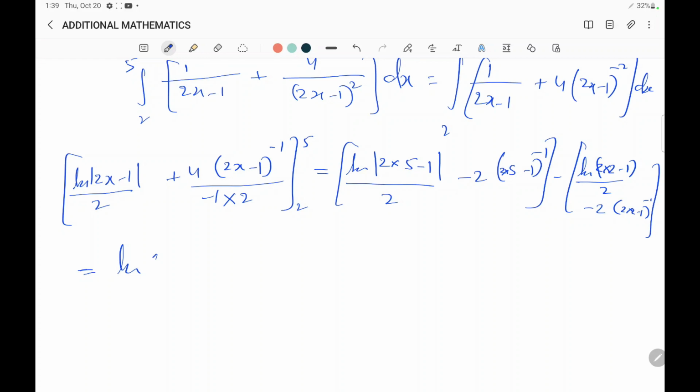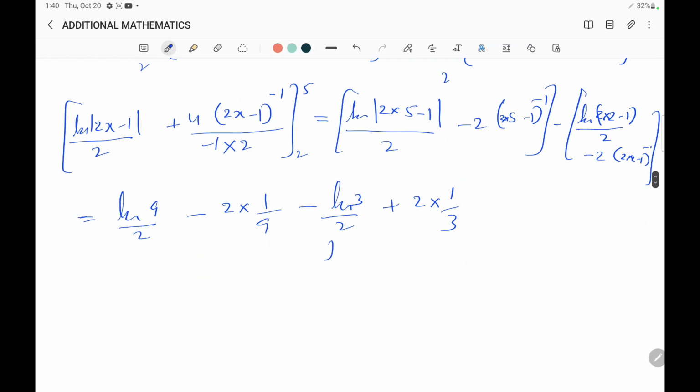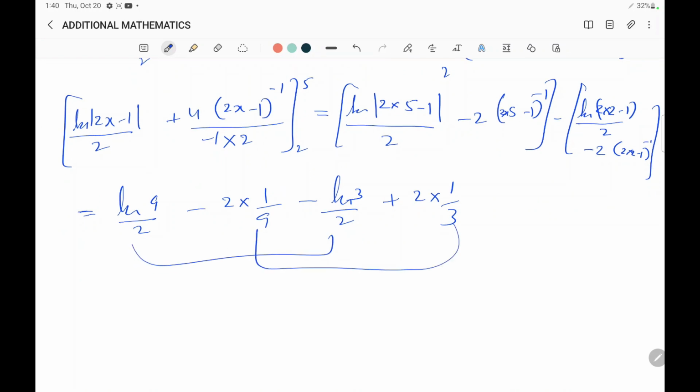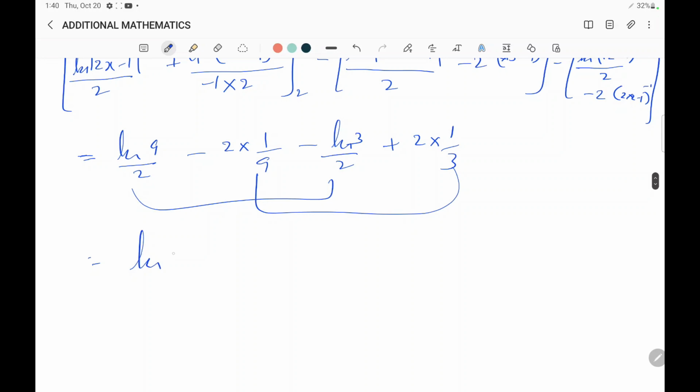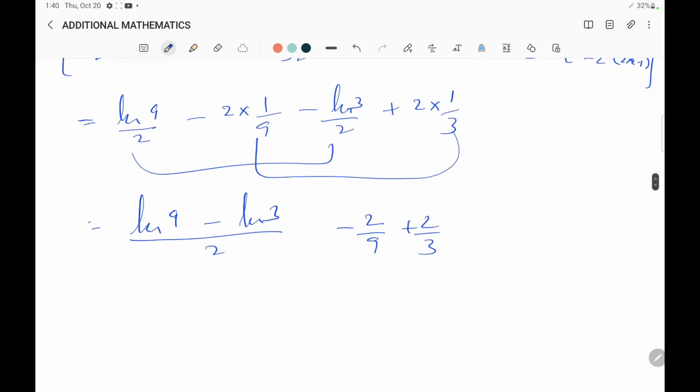This is ln 9 over 2 minus 2 times (10 minus 1 is 9) to the power minus 1 is 1 over 9, and then minus ln 3 over 2, minus times minus is plus, and 4 minus 1 is 3 to the power minus 1 is 1 over 3. Combine these two together and these two together: ln 9 minus ln 3 over 2 minus 2 over 9 plus 2 over 3.